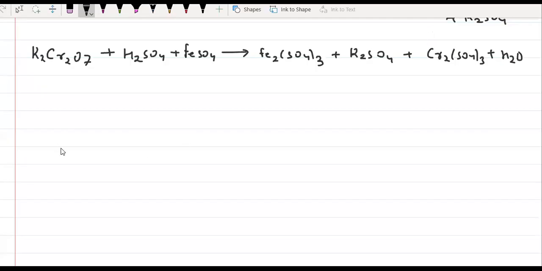I hope most of you are solving this. First I will remove the spectator ions. I hope all of you remember, we solved this already in the last class.